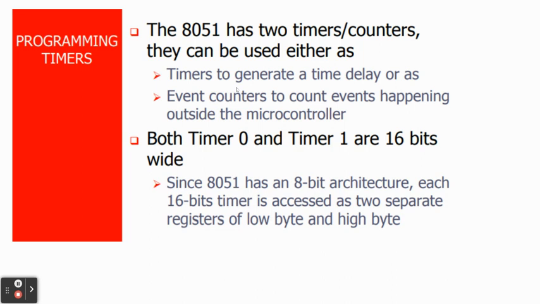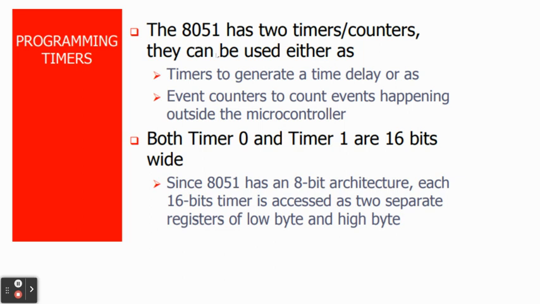Now, in the next slide, which is about programming timers still, take note that the 8051 has two timers. And when we say timers, it doesn't really mean only a timer, because the timers that we are talking about can work in two ways. It can be a timer or it can be a counter.